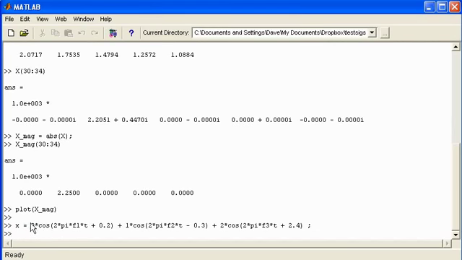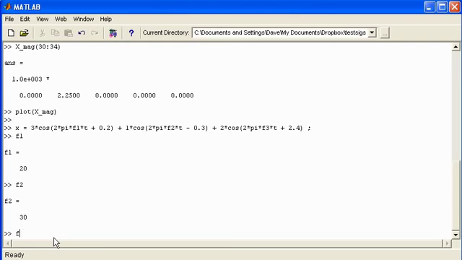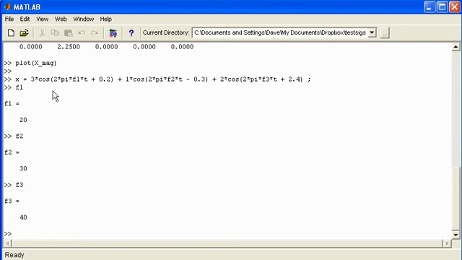Now we can see the lowest frequency. I'll just write it out again. F1 is 20, F2 is 30, and F3 is 40. We can see that the lowest frequency component has an amplitude 3 times that of the middle one.